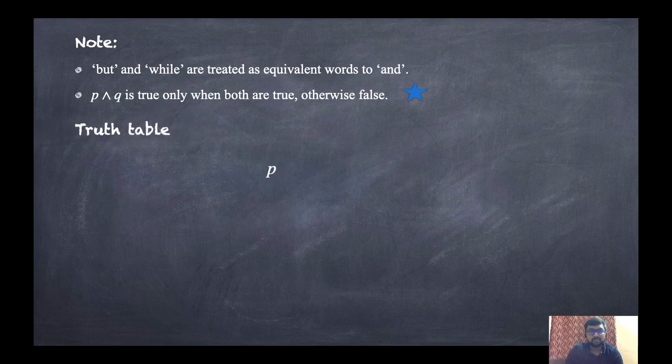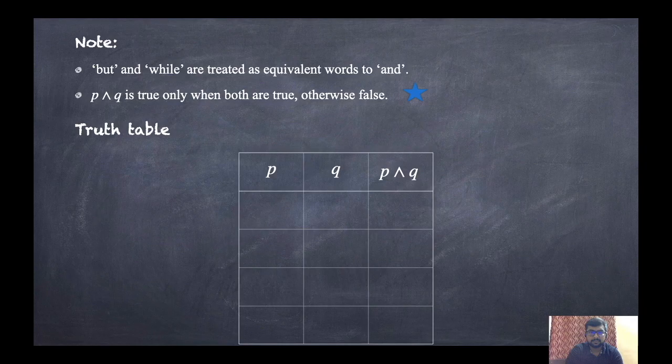Let us discuss the truth table. So we take two statements P, Q, and the conjunction P and Q. For two statements, there will be four possibilities. Either both statements are true, both statements are false, and the third, first one is true and second one is false, and first one is false and second one is true.